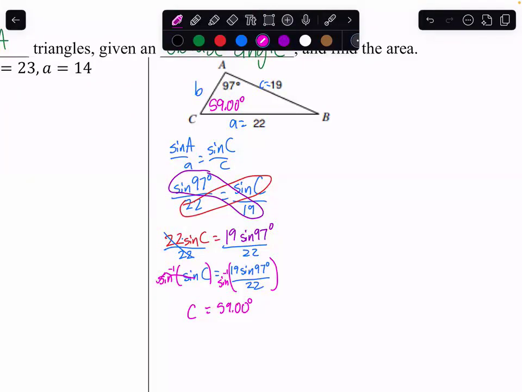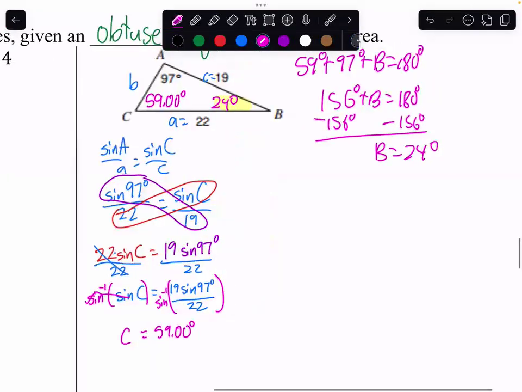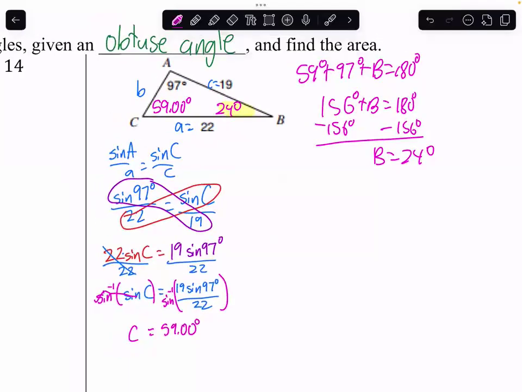Okay, and now that you have angle C, you can find angle B by using the fact that the three angles have to add to 180 degrees. So B would be 24 degrees. And now I would probably use the A's and the B's, not the C's and the B's, because C you had to round.